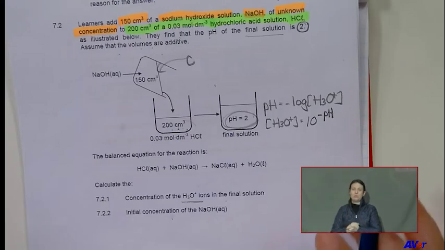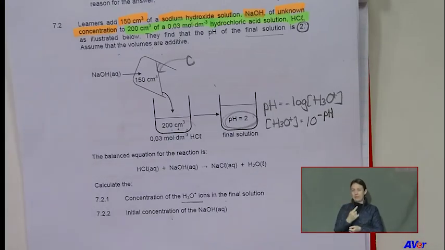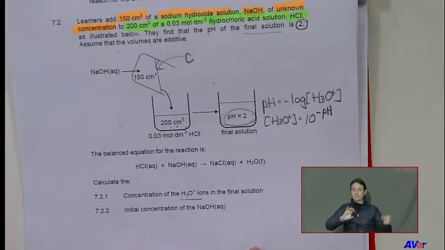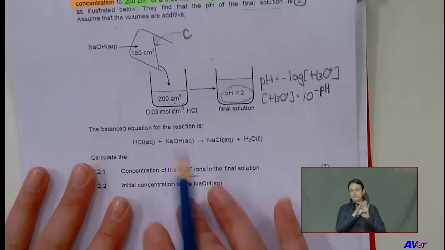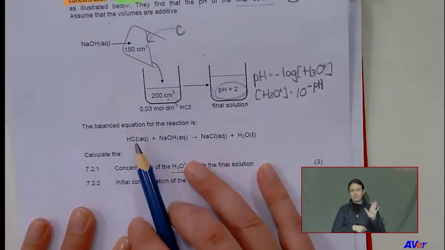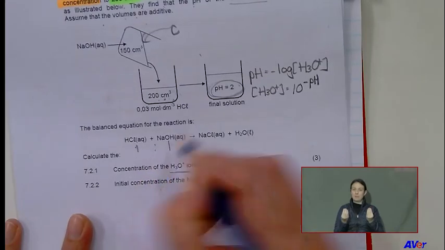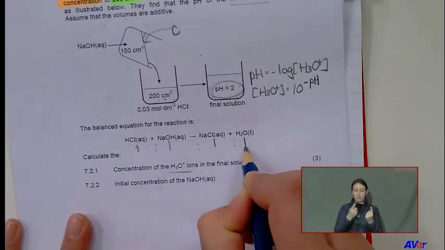Okay. Now, just remember what they said. They said, remember that the volumes are additive, so they will add. Now, let's just quickly look at our formula, or our equation. The ratio is going to be a 1 to 1 to 1 to 1 ratio.